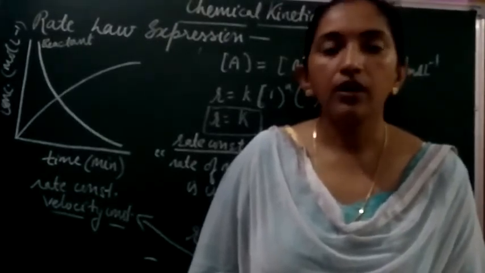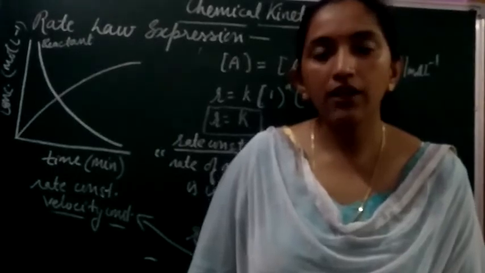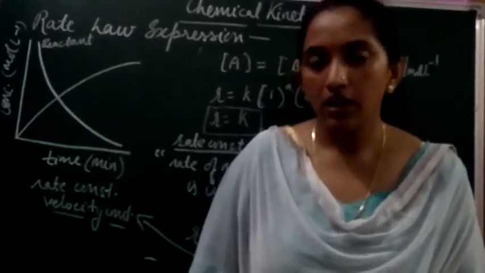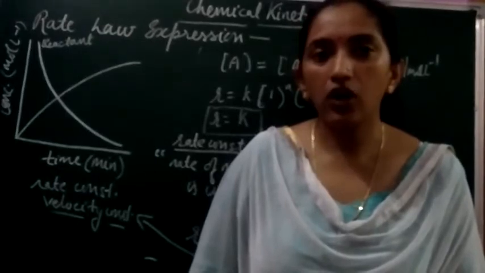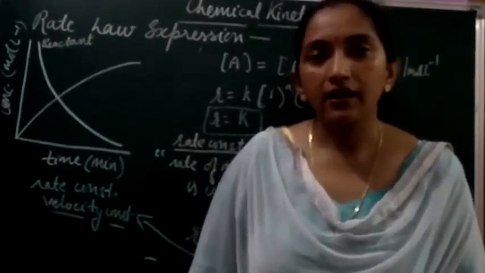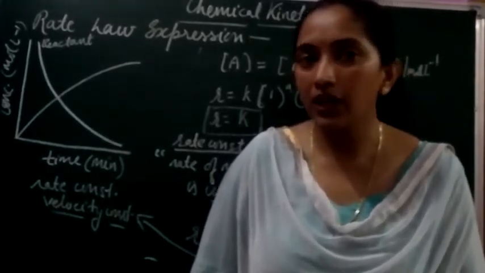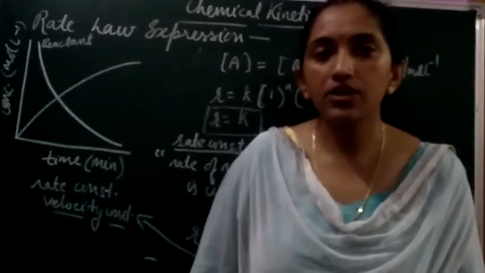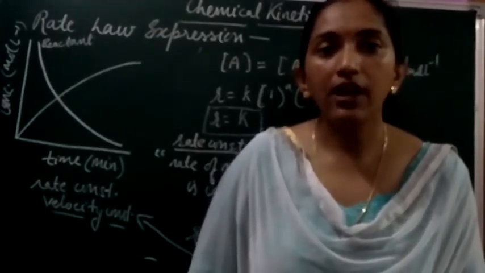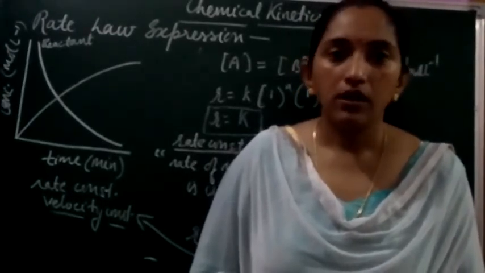For example, if we have the decomposition of nitrogen pentoxide carried out at 150 degrees Celsius, it will have a K1 value, and if the temperature changes from 150 to 155 degrees Celsius, then the K value will also change from K1 to K2, right students?